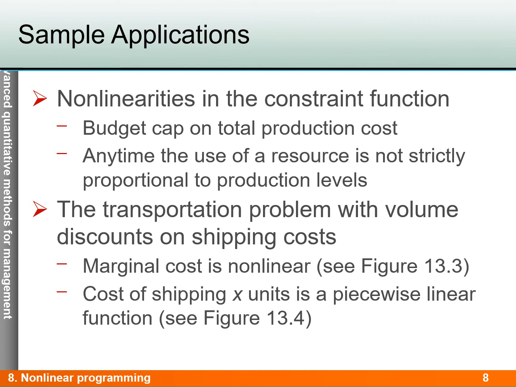For constraints on other kinds of resources, g_i(x) will be nonlinear whenever the use of the corresponding resource is not strictly proportional to the production levels of the respective products.